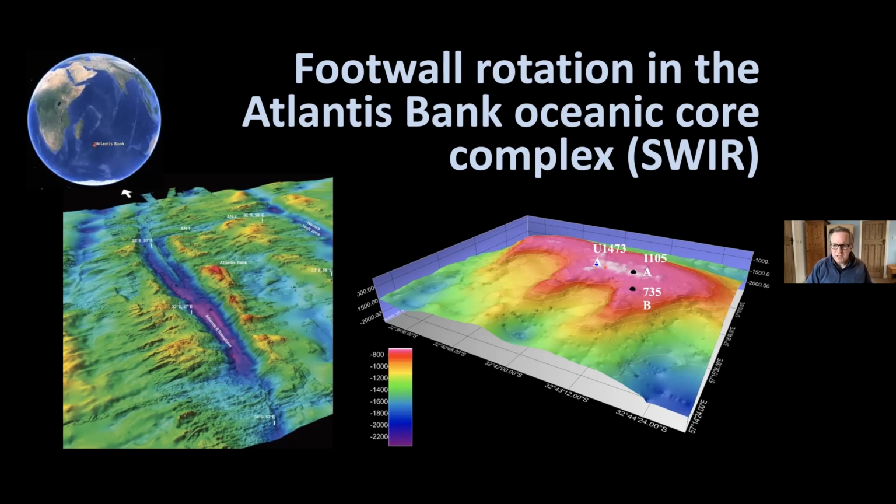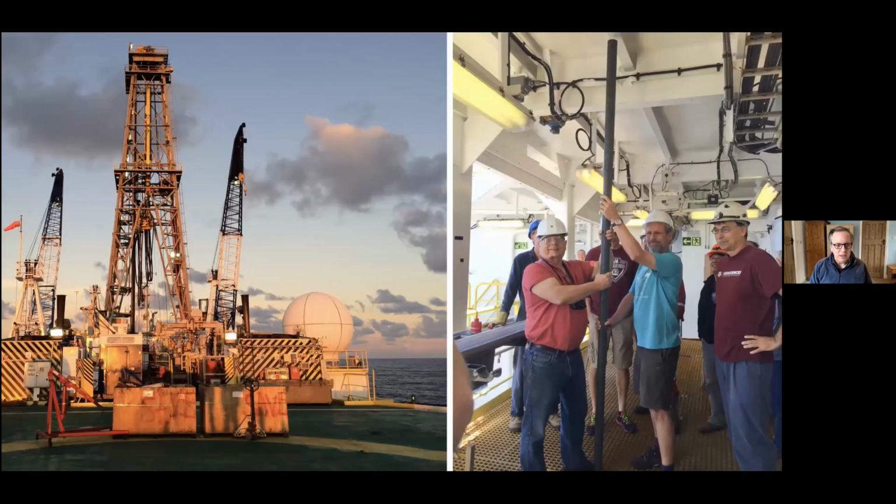And what we're really interested in here is whether the basement rocks have been rotated during their evolution. This was an extraordinary expedition recovering a really special record of lower crustal gabbros, including one of the longest continuous pieces of hard rock ever drilled by IODP.